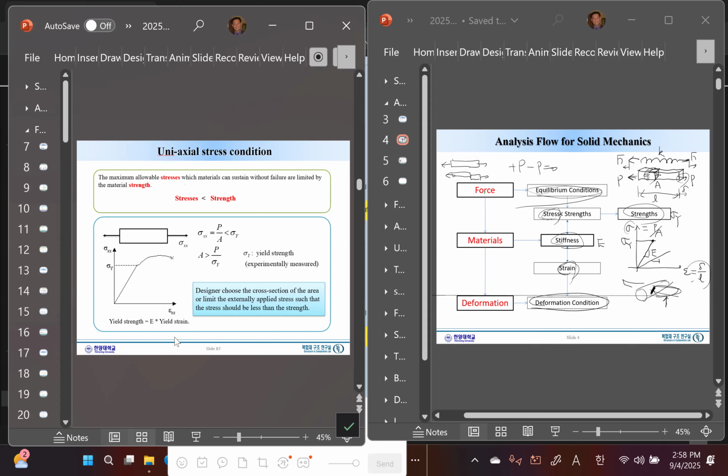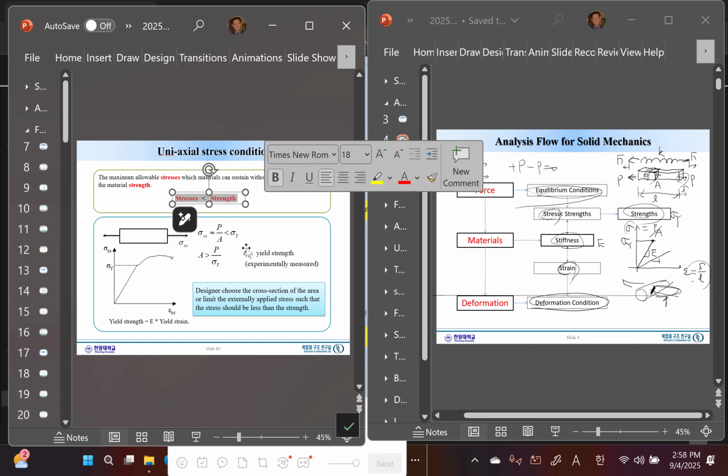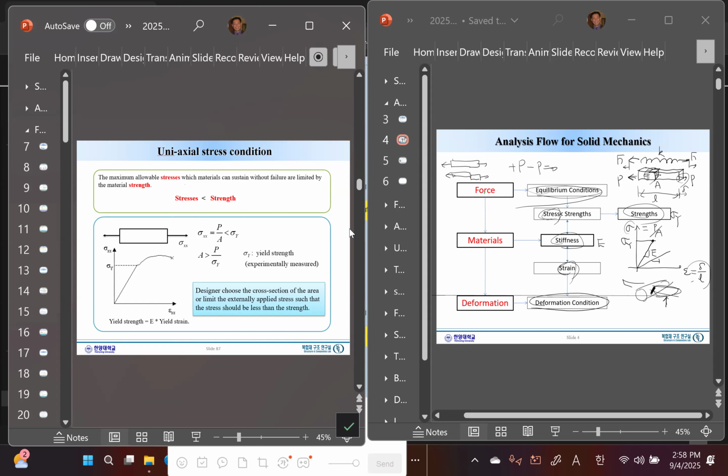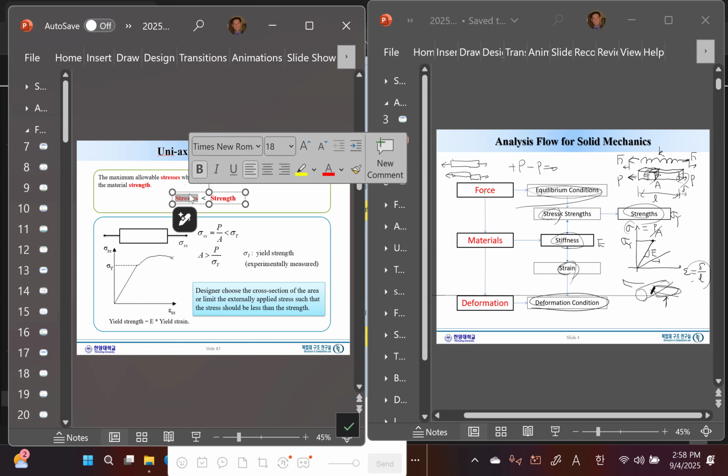Okay, so anyhow, this is stress less than strength, but importantly, stress will have 9 components because inside, you cut this way, there will be 3, cut this way, you have 3, cut this way, you have 3. So 9 stress components, even at one point.